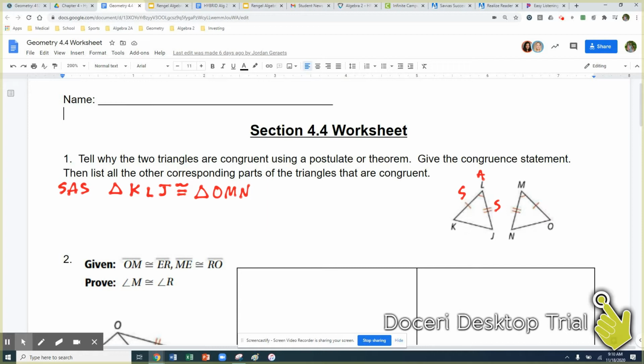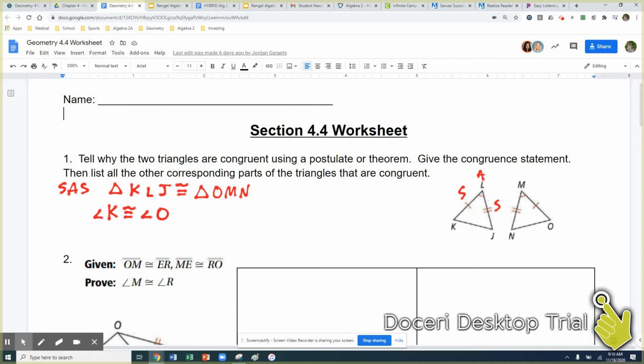So we're now going to list other parts that are congruent. Once we have our 3 pieces that prove that two triangles are congruent, SAS or ASA, whatever we can use to prove it, other parts of the triangle are now also congruent as well. So for example, angle K on the left triangle is going to be congruent to angle O on the right triangle.